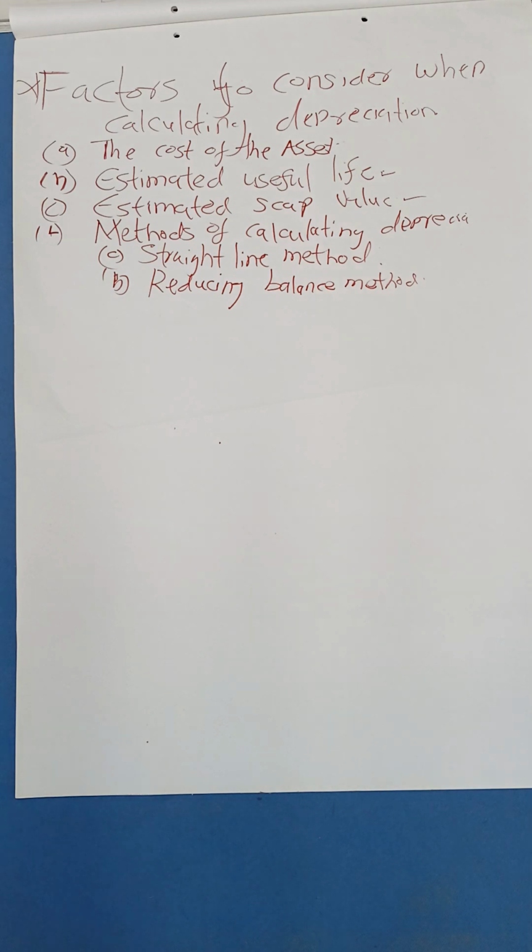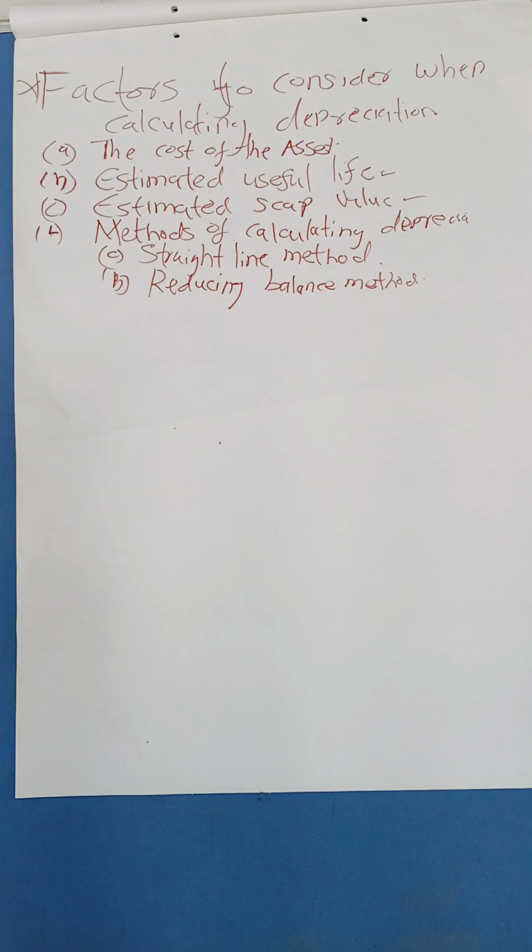There are many methods, almost 10 of them. But for today, I want to focus on the straight line method and the reducing balance method so that we can use these 2 methods to calculate our depreciation wherever we are. Good.